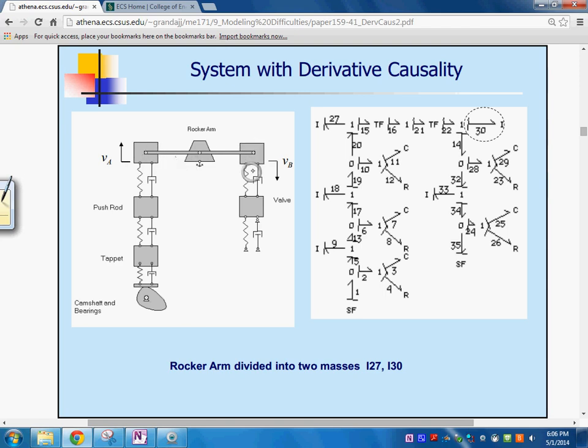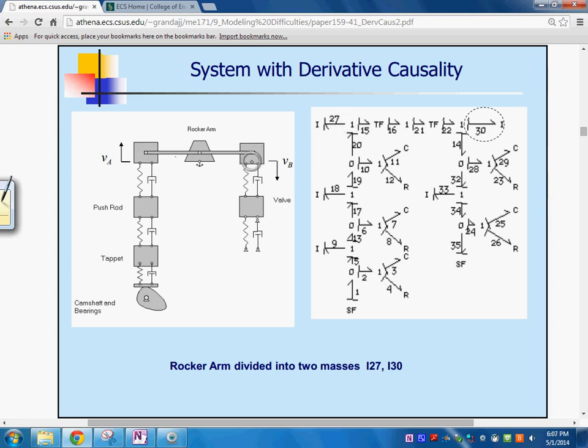If there is a total dependency of one or the other, wouldn't it make sense that we represented it only with one mass? But since we divide it in two, we say, okay, fine. I represent the velocity of this point plus the inertia right there, no problem.